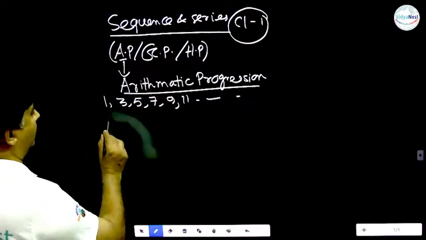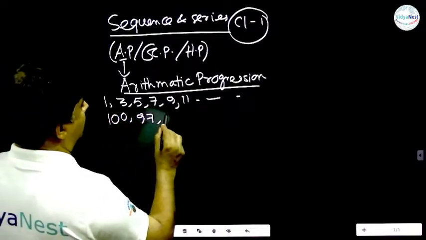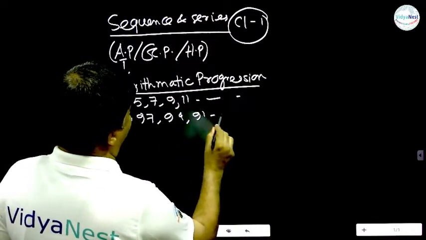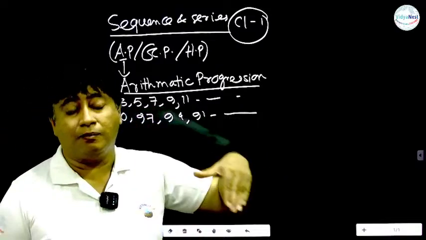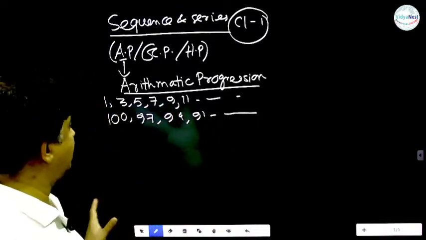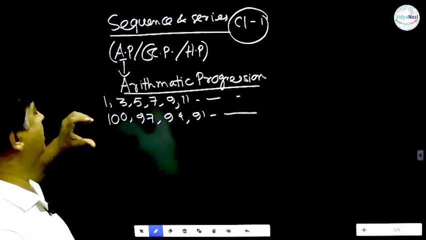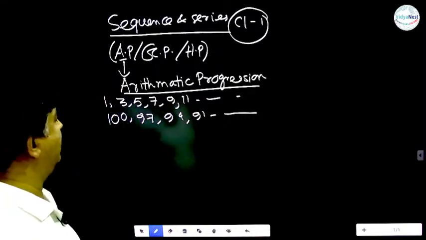Or 100, 97, 94, 91 will also form a series, in descending order, but keeping a fixed difference. So this type of sequence will be considered as arithmetic progression.